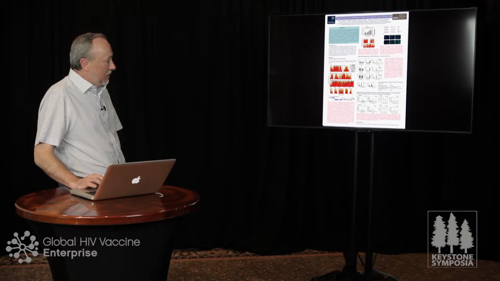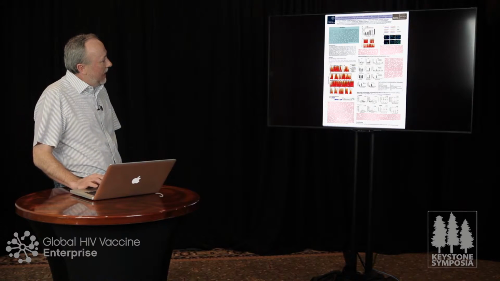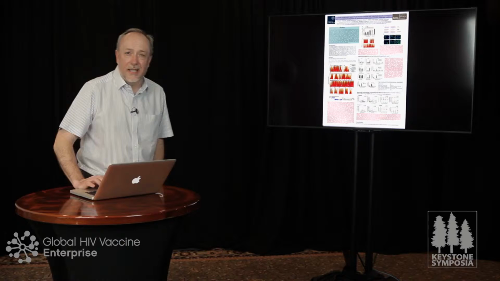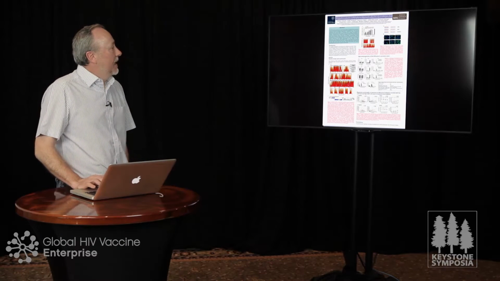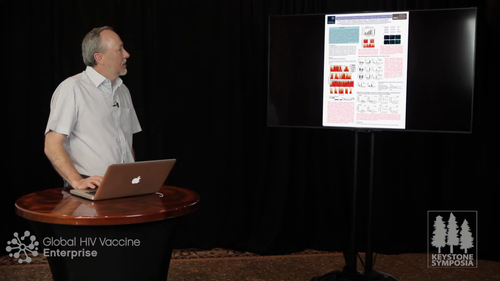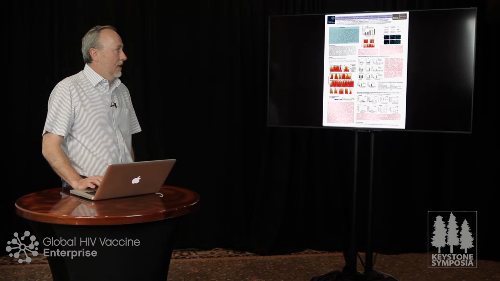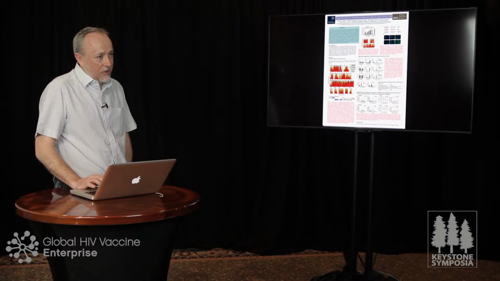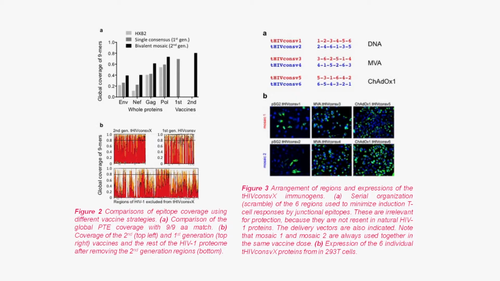So we are including the protective epitopes, and finally we are reshuffling these 6 regions in 6 different orders, and this is to minimize the induction of cytotoxic T cells to junctional epitopes. Junctional epitopes are epitopes between 2 adjacent regions, and these are irrelevant because they are not present on HIV.